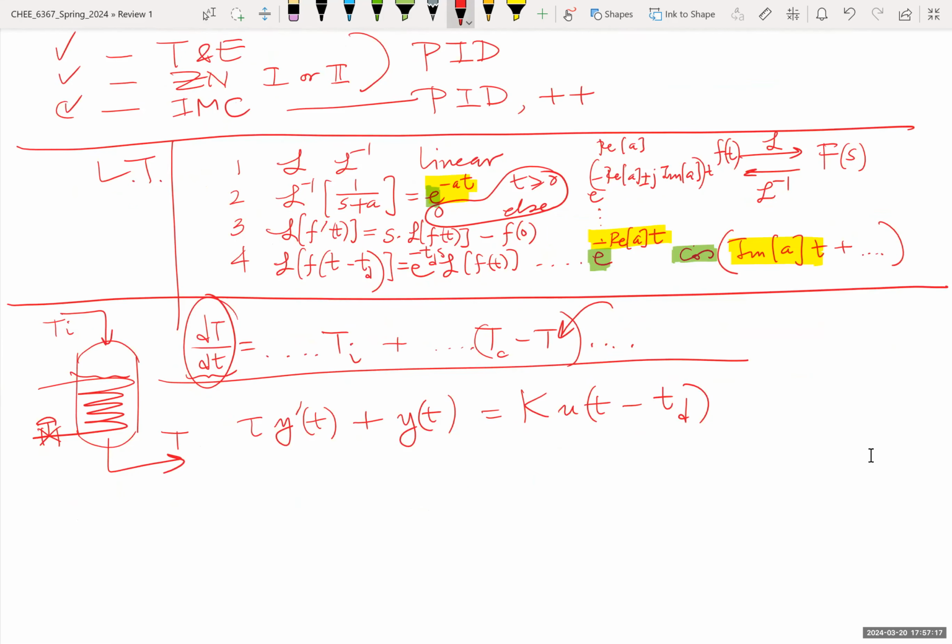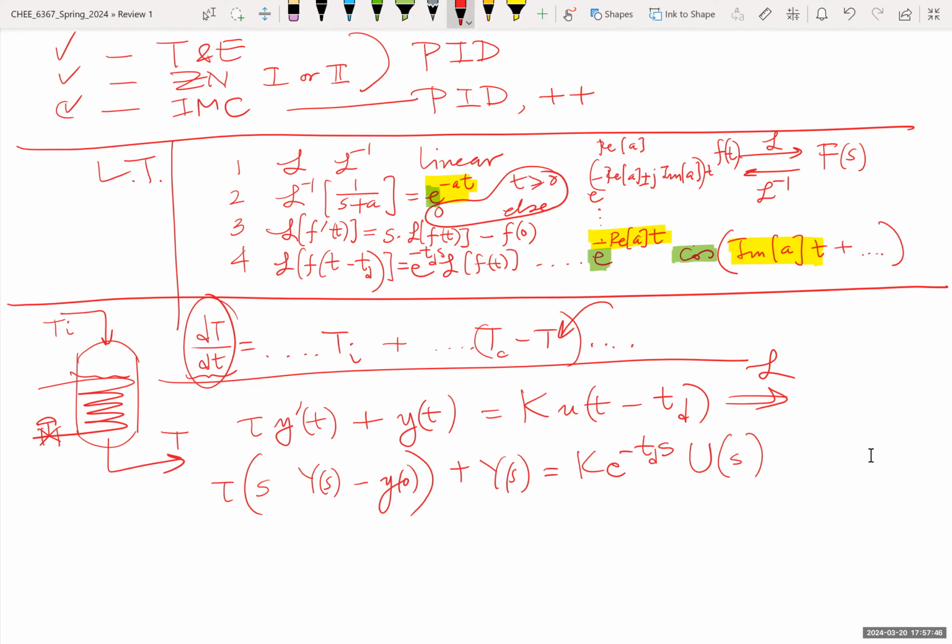If you apply Laplace, you get s tau y of s minus y of 0 plus y of s is equal to k e to the minus theta s u of s.